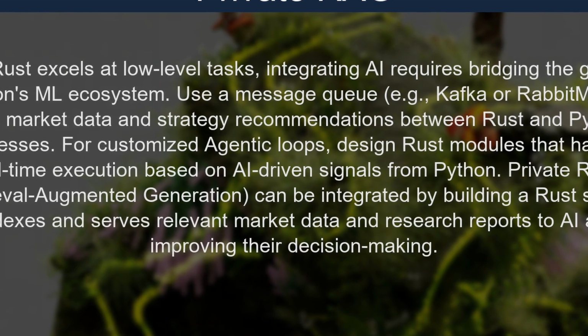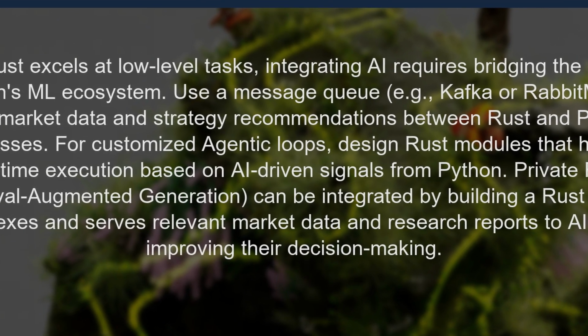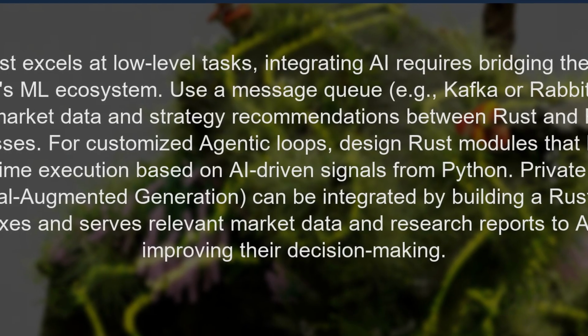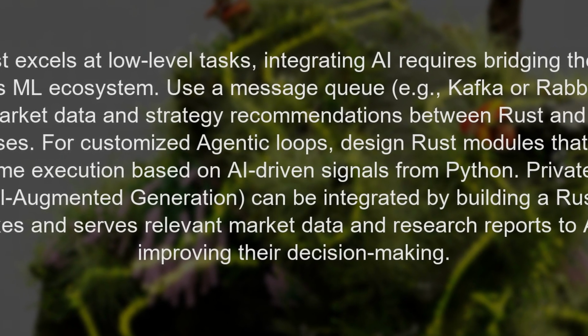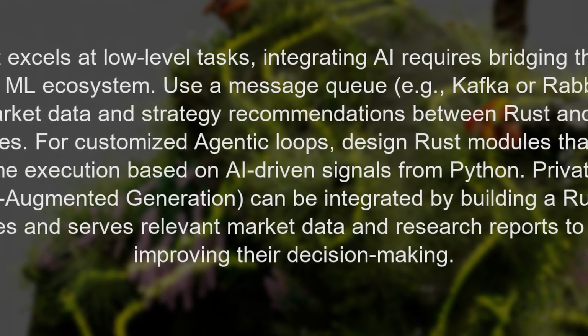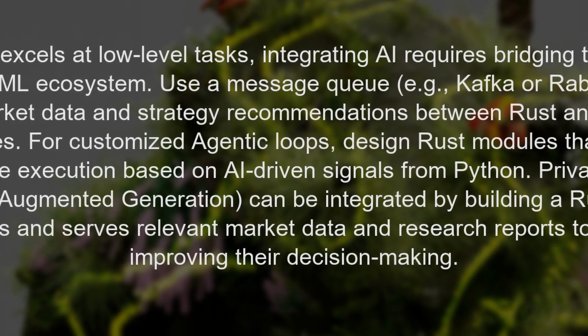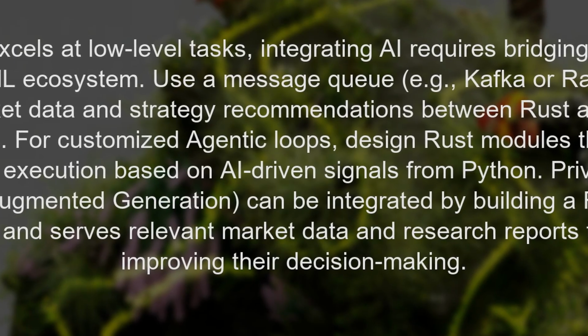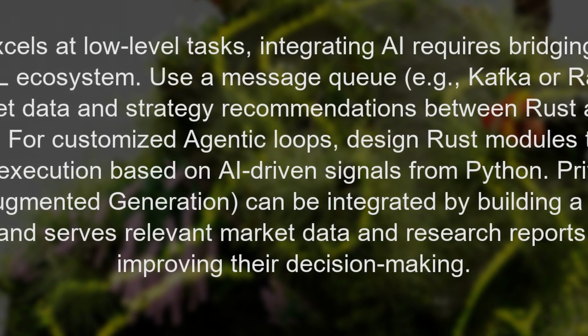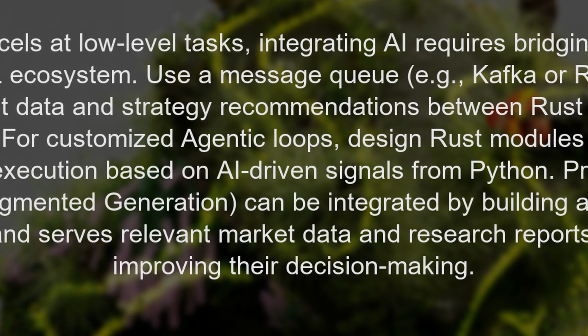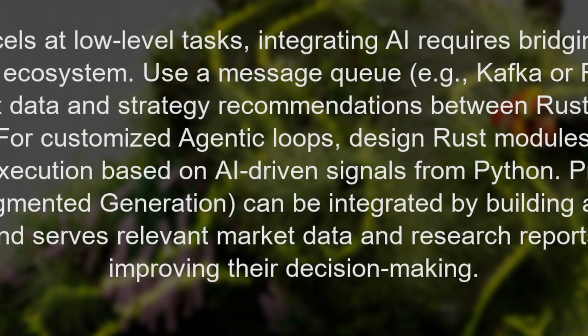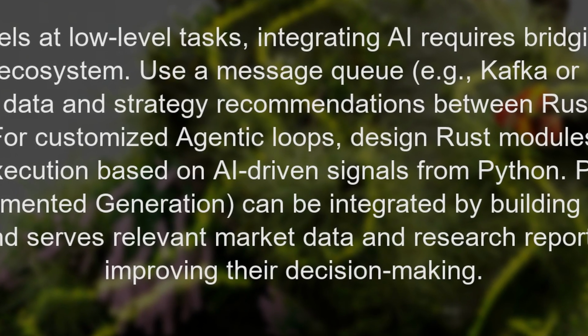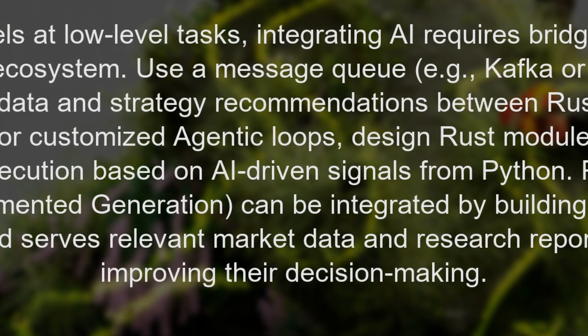For customized agentic loops, design Rust modules that handle real-time execution based on AI-driven signals from Python. Private RAG, retrieval augmented generation, can be integrated by building a Rust service that indexes and serves relevant market data and research reports to AI agents, improving their decision-making.